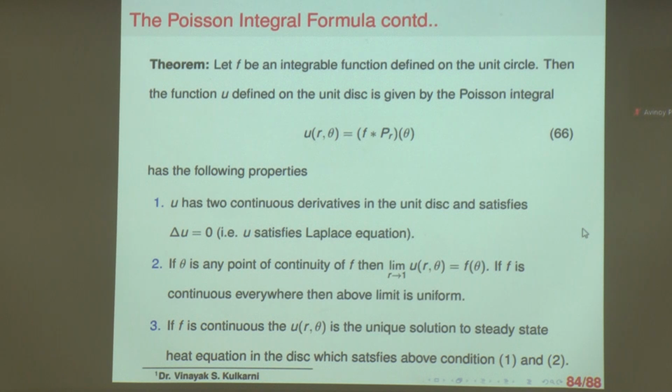Again we can take advantage of the heat kernel being a good kernel as t tends to 0, and then use the corresponding properties to prove existence, uniqueness and all those things. So this is about the various techniques of solving the heat equation, one dimensional as well as multi-dimensional.